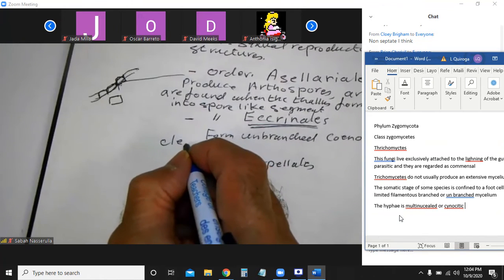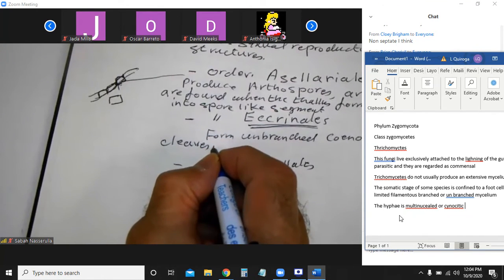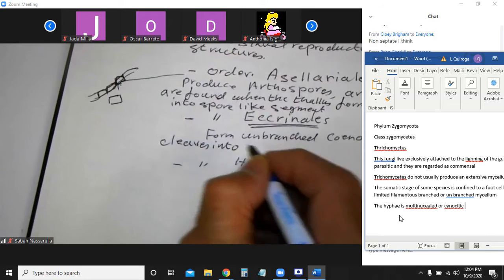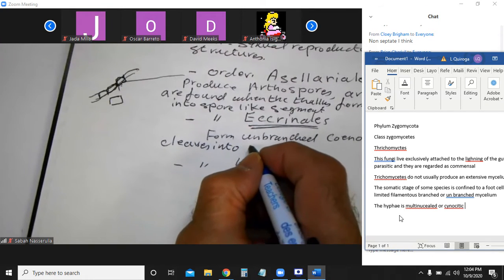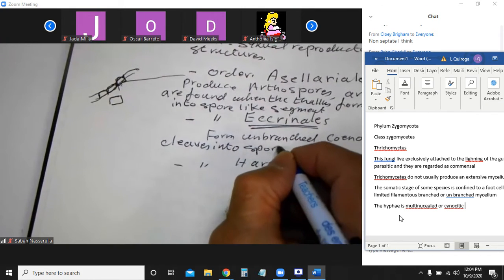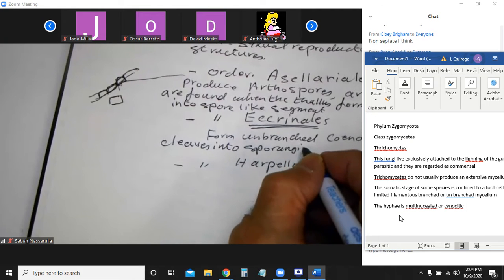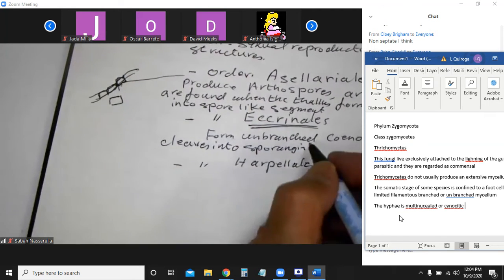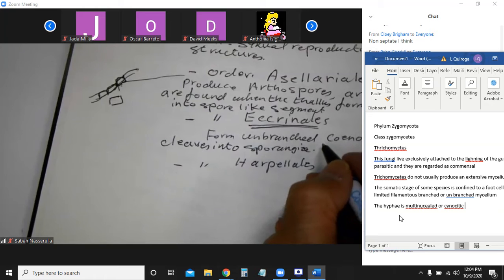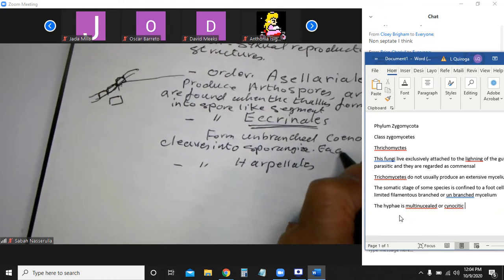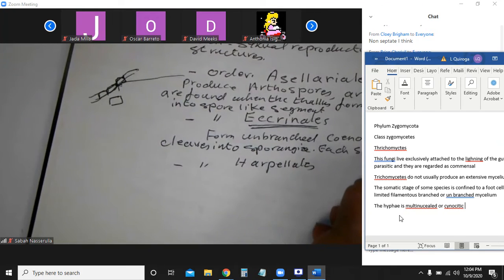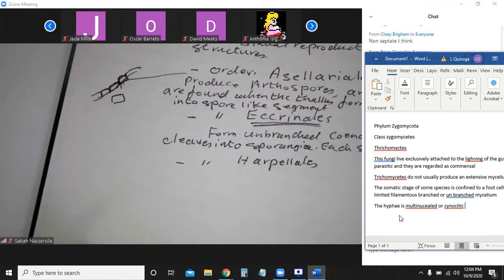And I am simply going to mention to you that each sporangium, as a matter of fact, forms a single sporangiophore.